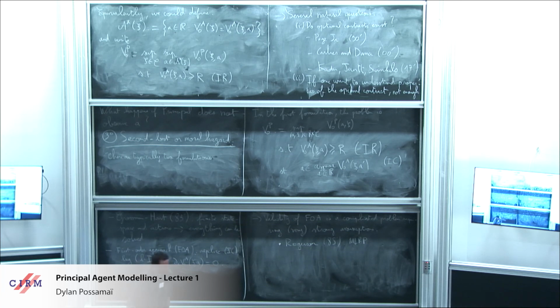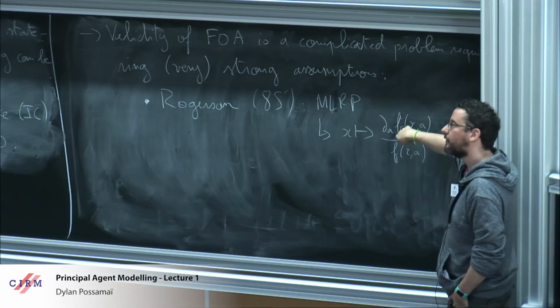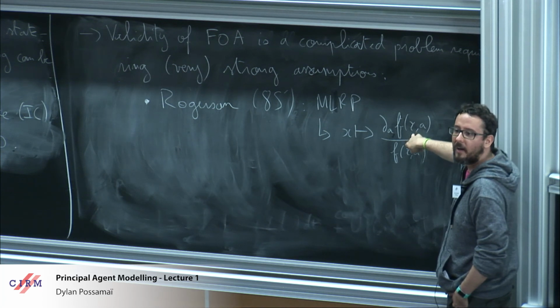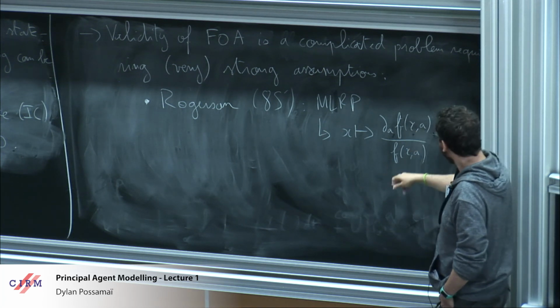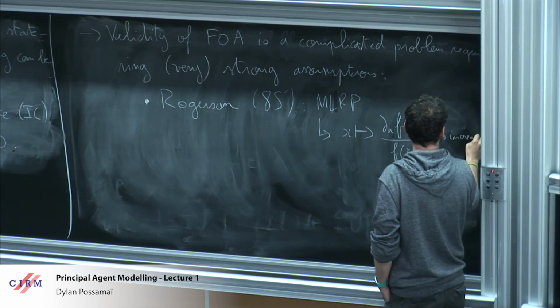Yes. So this is asking that the map that takes x and associates the likelihood ratio, which is basically the derivative with respect to effort of the logarithm of the density, if this is increasing, so that's the condition.